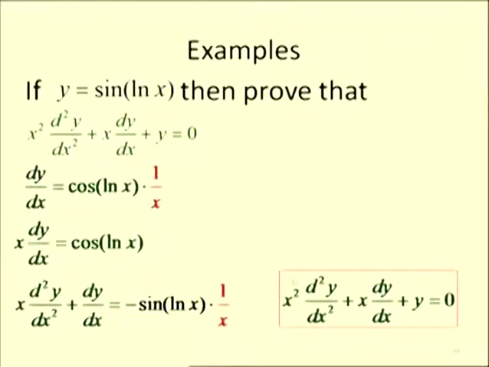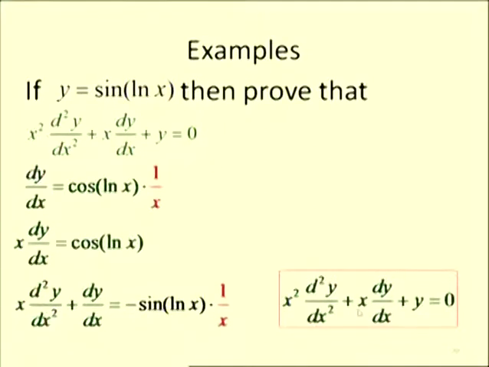So here, if we multiply the entire equation by x, x into x is x square into d2y by dx2, plus here we multiply by x, so it is x dy by dx, and plus here we already have 1 by x, so that x and x will get cancelled, so we will get minus y.